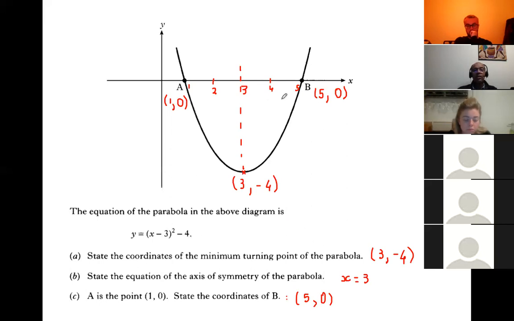So let's say you can't see that there's a symmetry here. You would just rewrite this as x squared minus 6x plus 9 minus 4, which is plus 5.